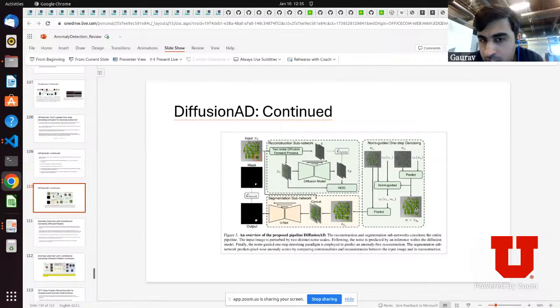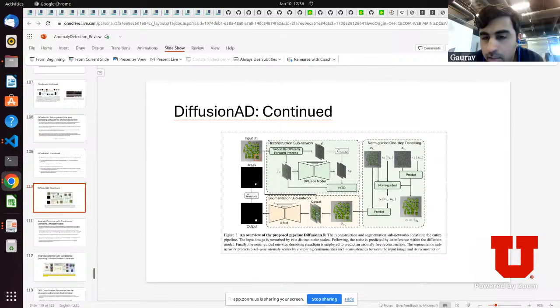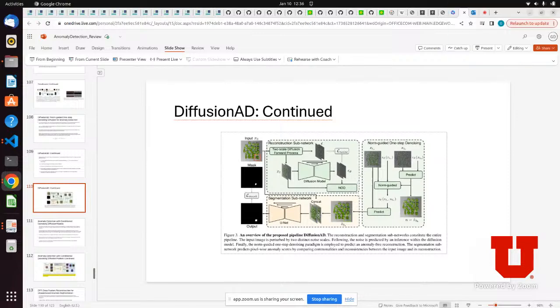So the first one is the reconstructed image that I have here, X naught hat G. If you look at the segmentation subnetwork, the input has two images. One image contains some anomalies. The other image is a reconstructed image, right?